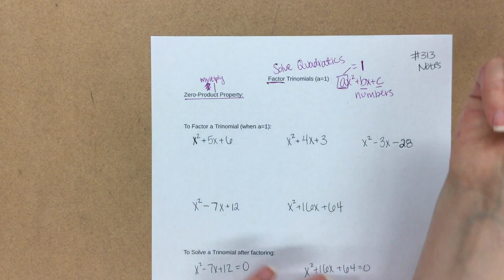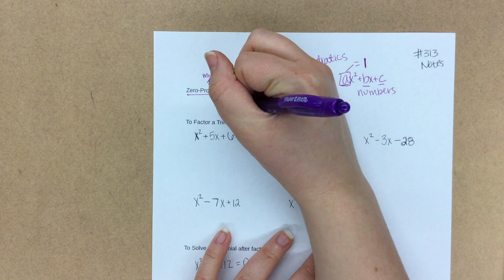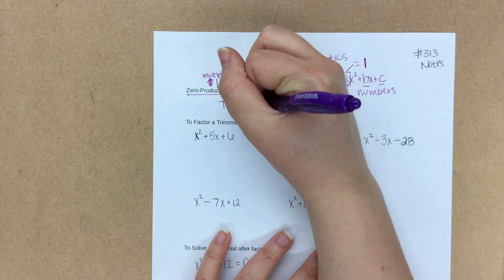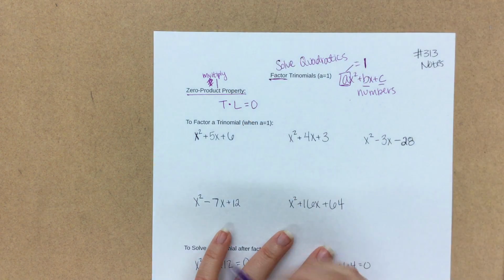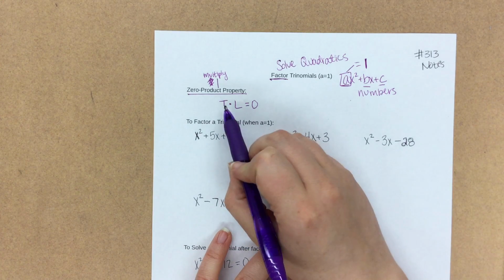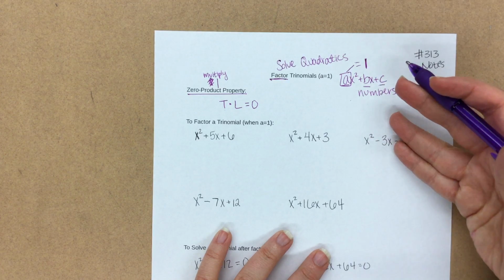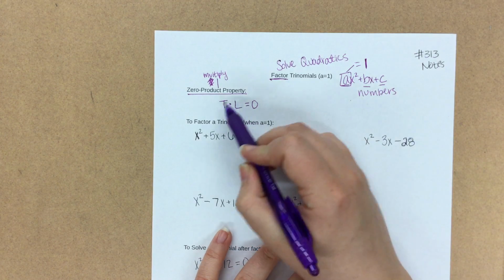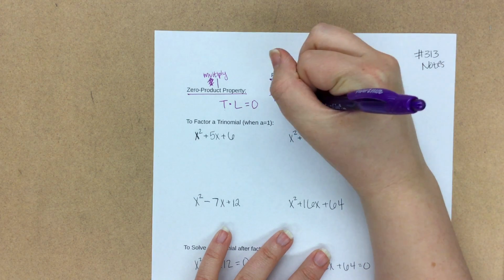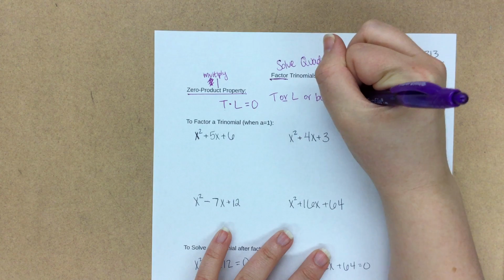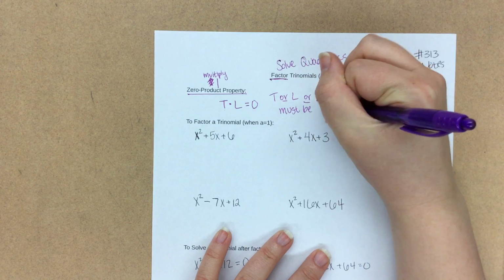So the idea is if I multiply two things, like let's say I'm going to take T times L, some random letters, and I know that that equals 0, then that means either T or L must be 0. There's no other way to multiply and get 0 unless one or both of the letters are 0. So it means that T or L or both must be 0.